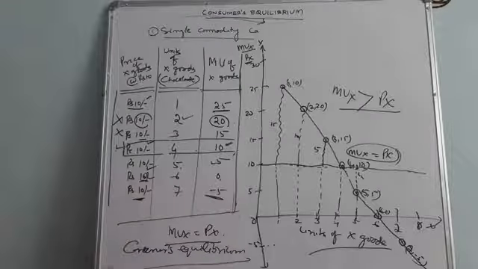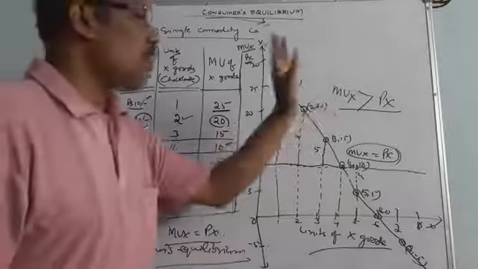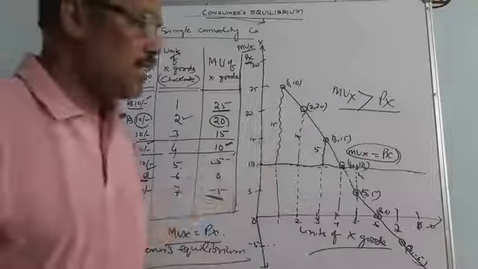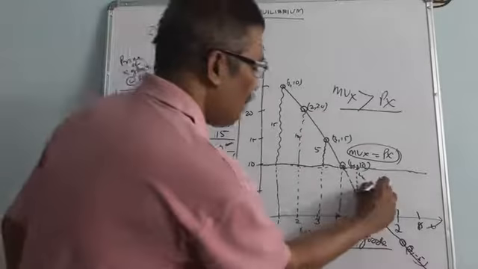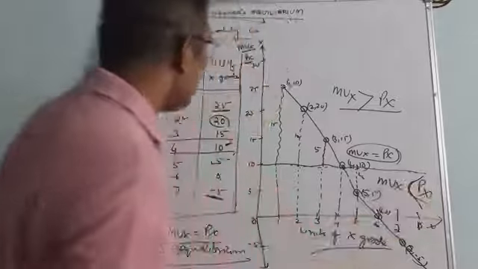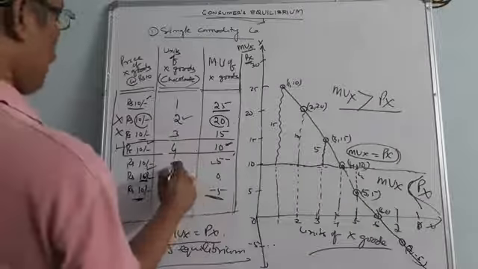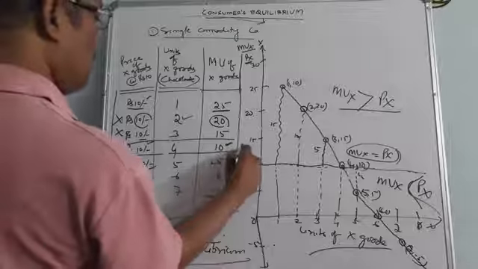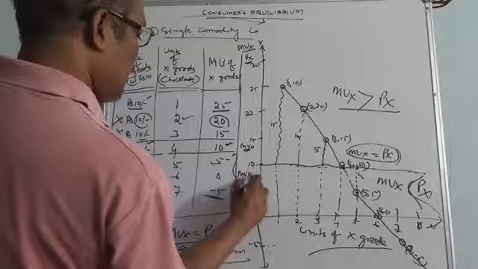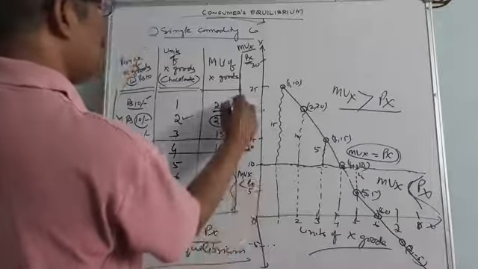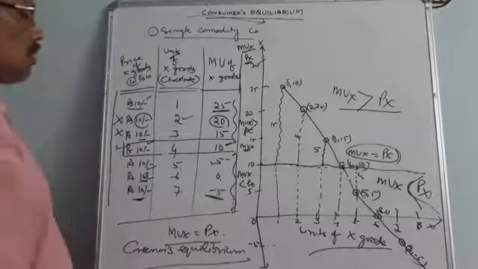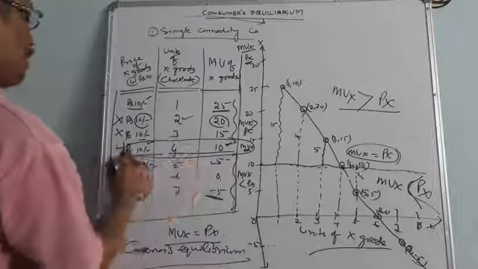That is why the first condition is called marginal utility of X equal to price X. Beyond this price line, marginal utility of X is less than price X. These are the conditions: marginal utility of X equal to price X; marginal utility of X less than price X; and marginal utility of X greater than price X. These are our equilibrium conditions.